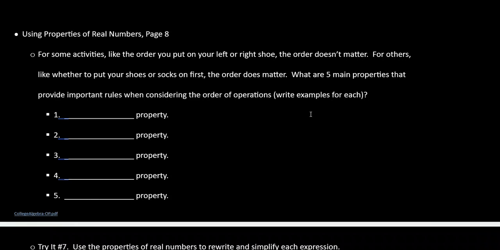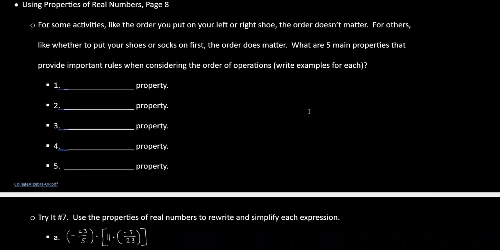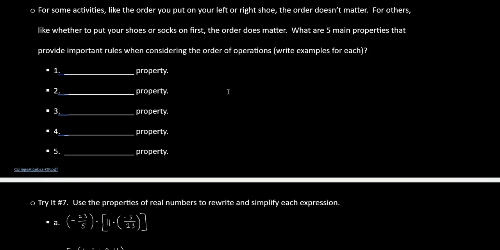Some of them have to do with order, but they're just other general rules that you have to follow in algebra. So let's take a look at these. First one here is commutative.